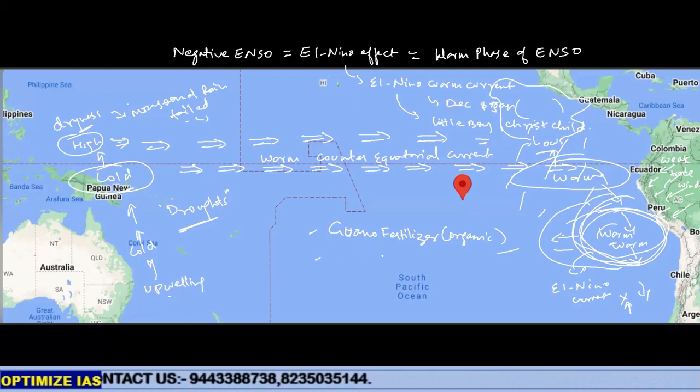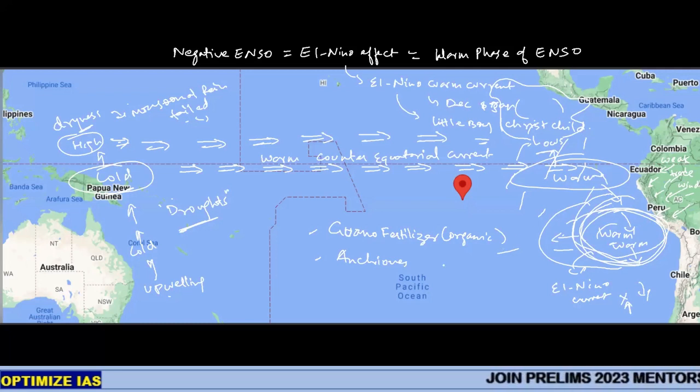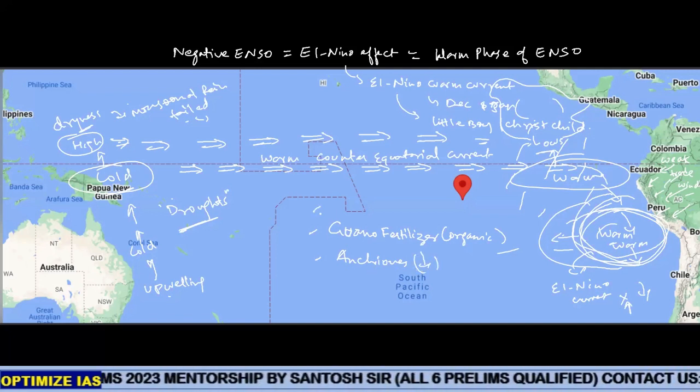Even one special type of fish found in Peru is called anchovies, which is also exported. Peru is the largest exporter of anchovies, or of any kind of marine fish, in the world. That fish export gets reduced, so exports from Peru fall.